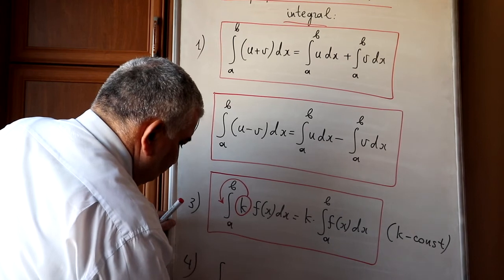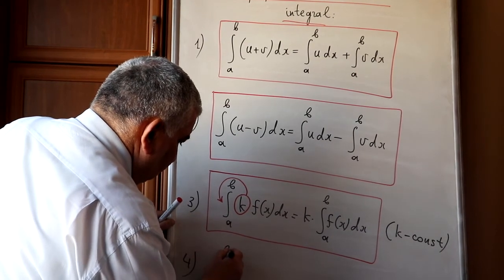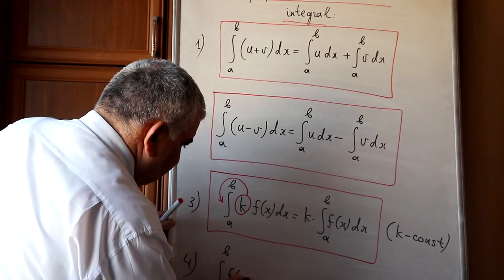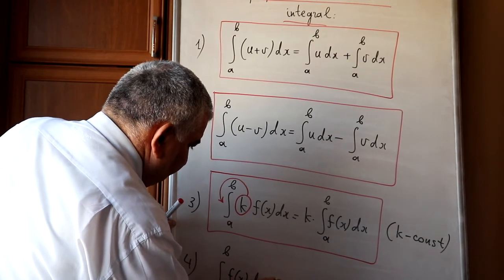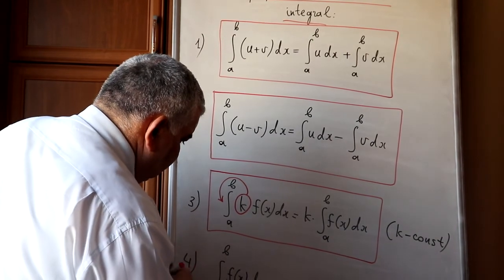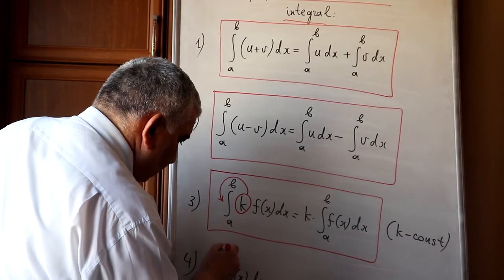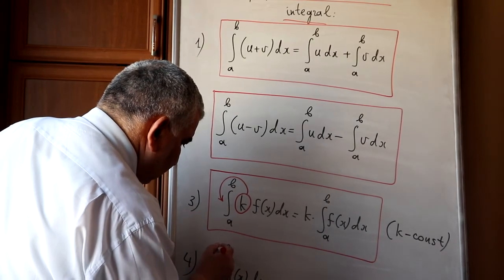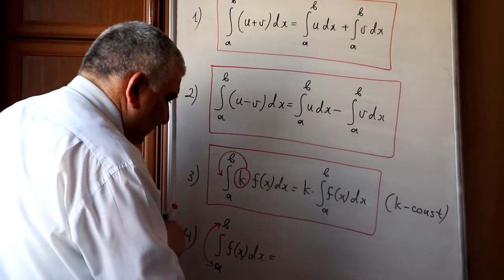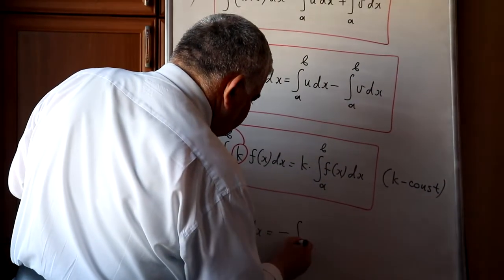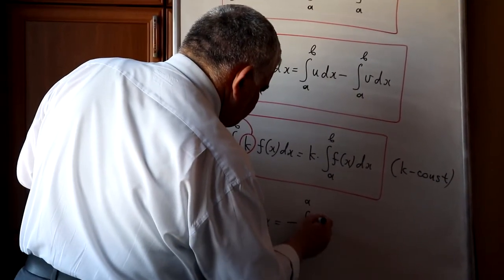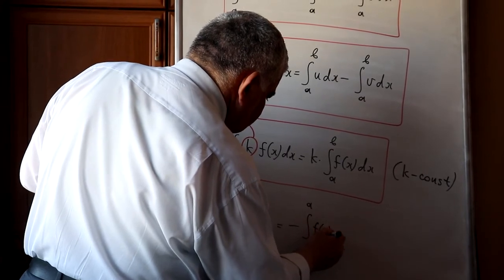Integral from a to b f of x dx, if we change the places of the integral limits, then we will obtain minus integral from b to a of f of x dx.